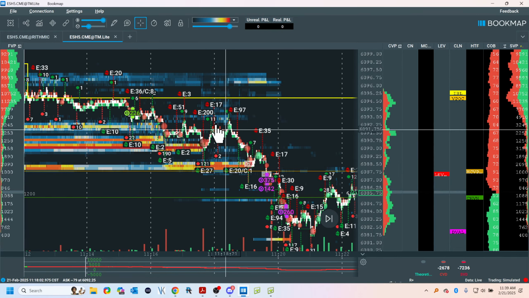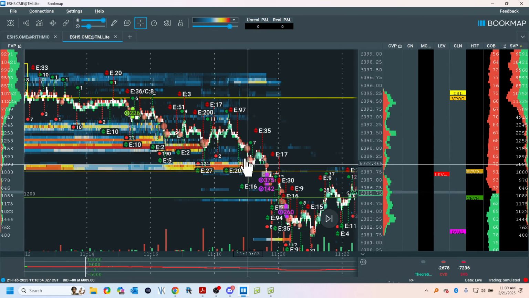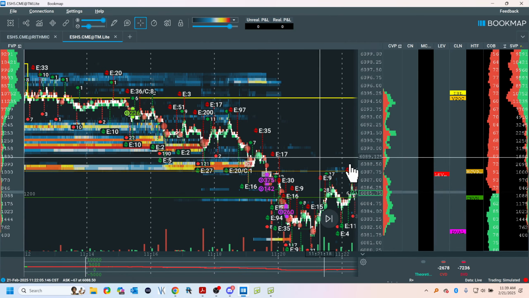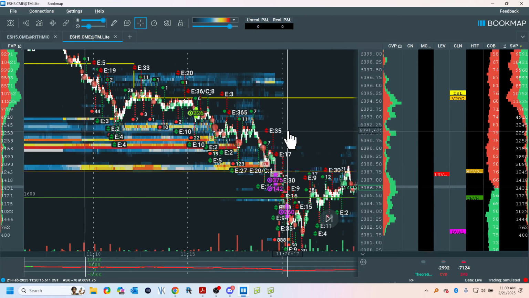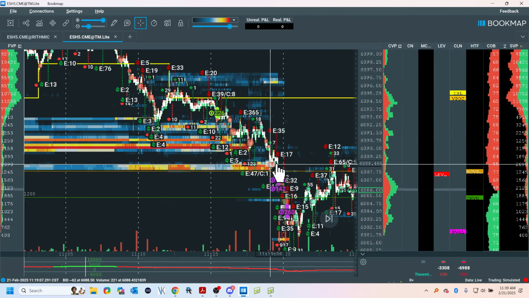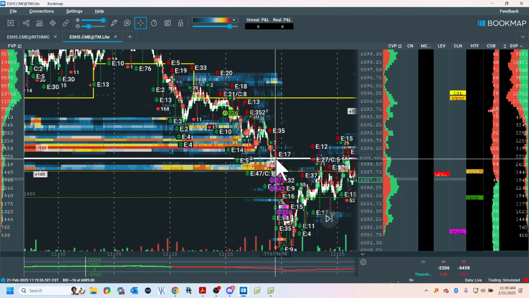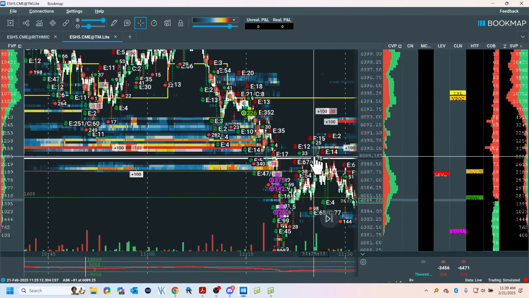Volume is here. Resistance. Break low. Resistance. Volume is here. Break low. Resistance. And you see the little node sitting there? That's resistance. Resistance. See it?